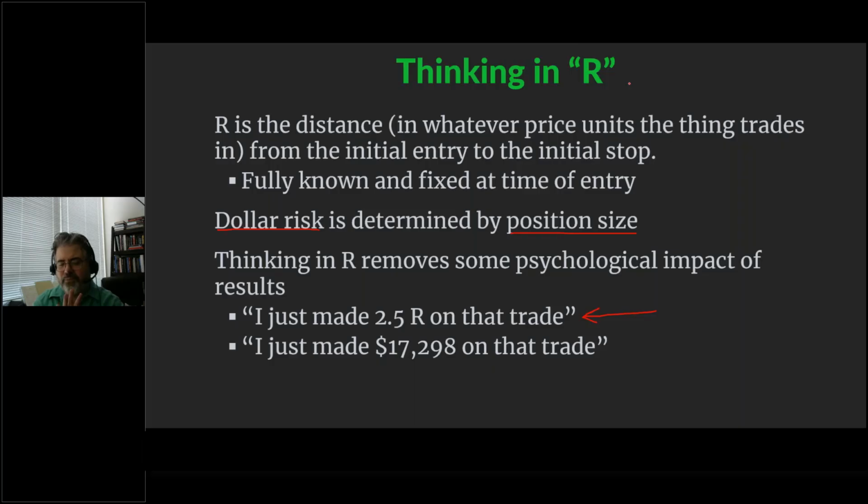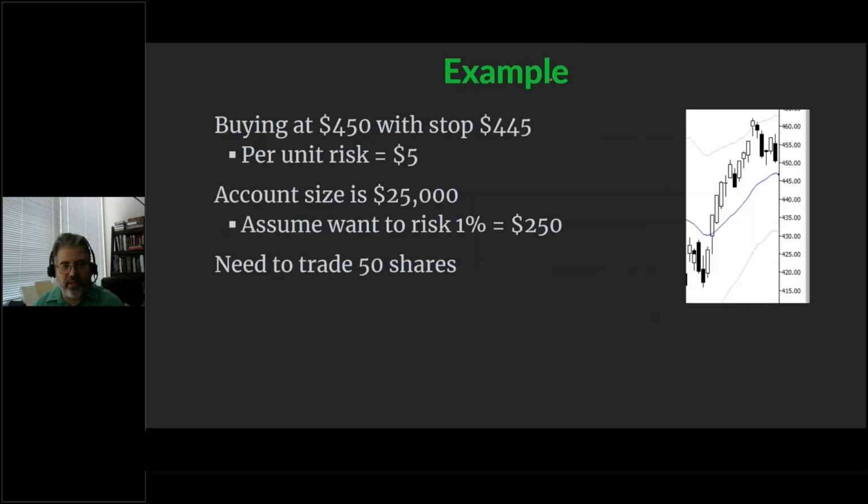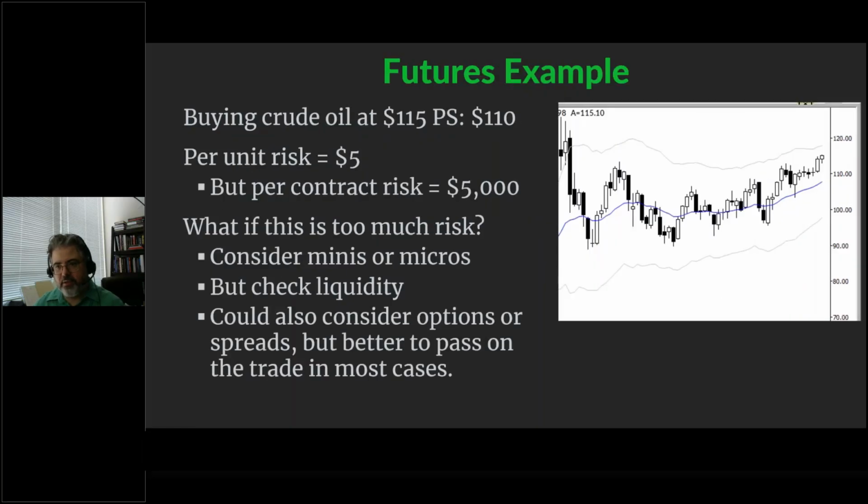This is one of those things that can really completely reorient your perspective to the market and to risk and to trading. Example here is, in terms of stop placement, that I think this makes sense. I'll just let you read through this slide, but all you do is the simple math by understanding the distance from your entry to your stop.